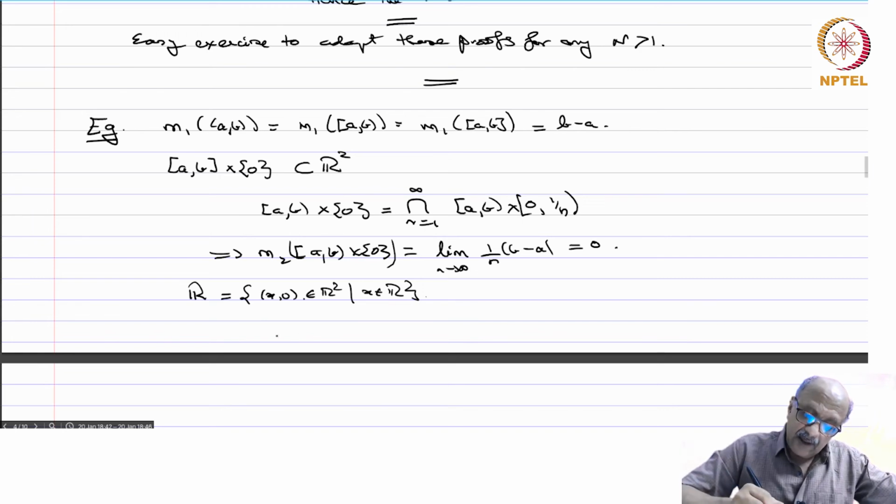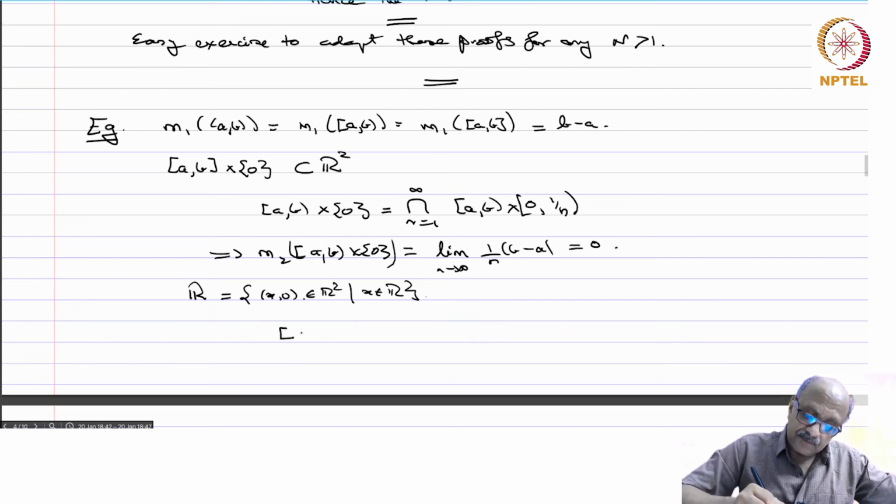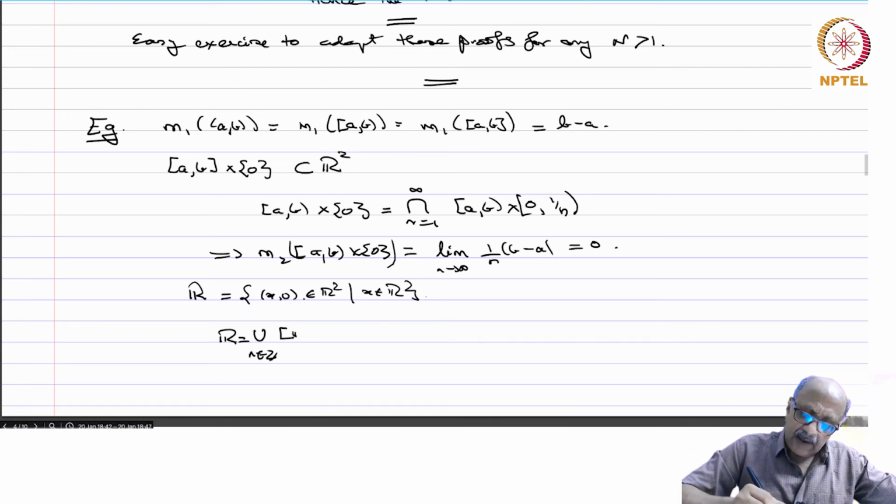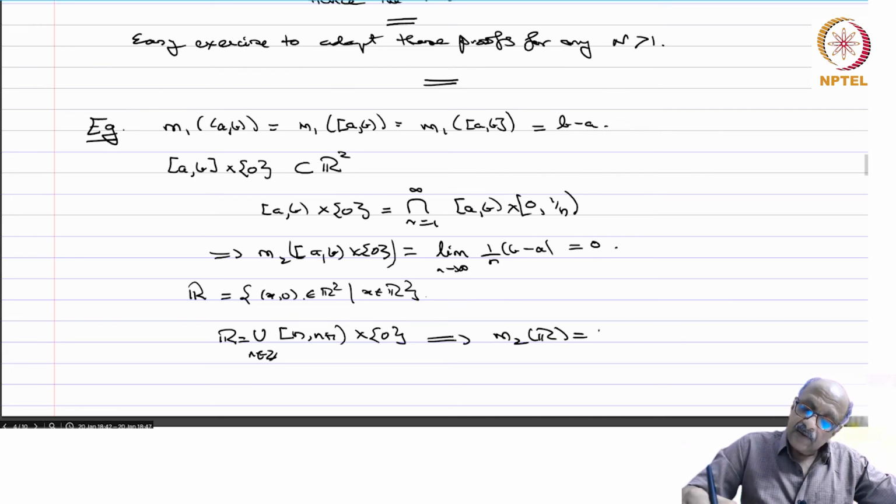Then you have that R is nothing but the union, n in Z, of [n, n+1] cross {0}, and these are all disjoint, and therefore this implies that M2 of R is 0.